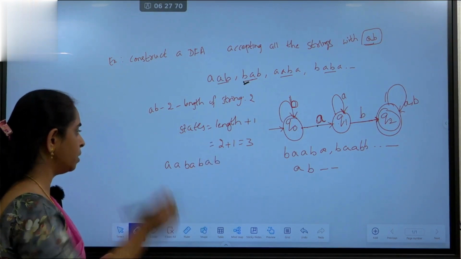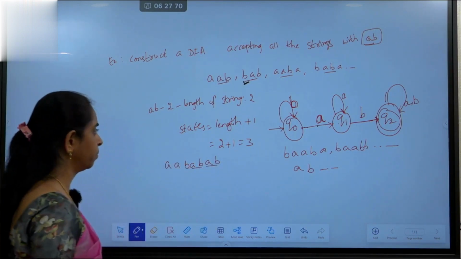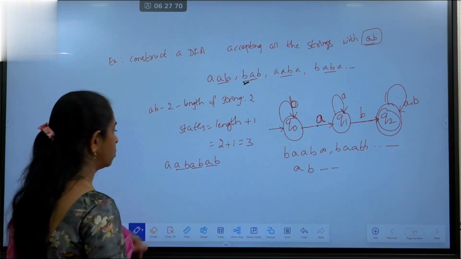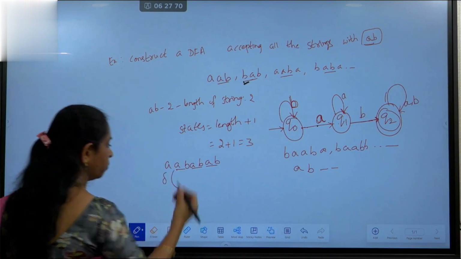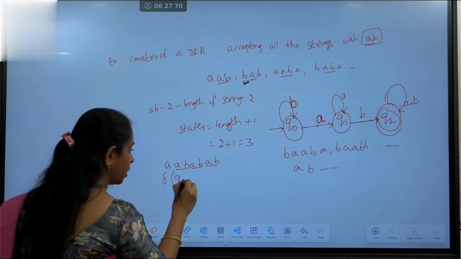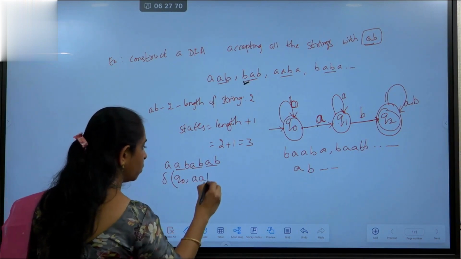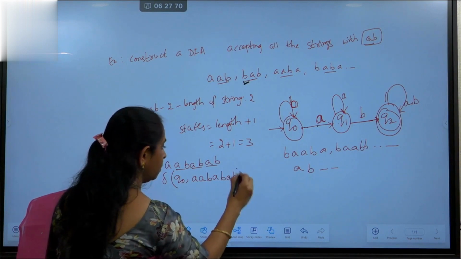We have to check whether the string is satisfied or not. So first we will go with delta of Q0, our initial state, and the string ABABAB.